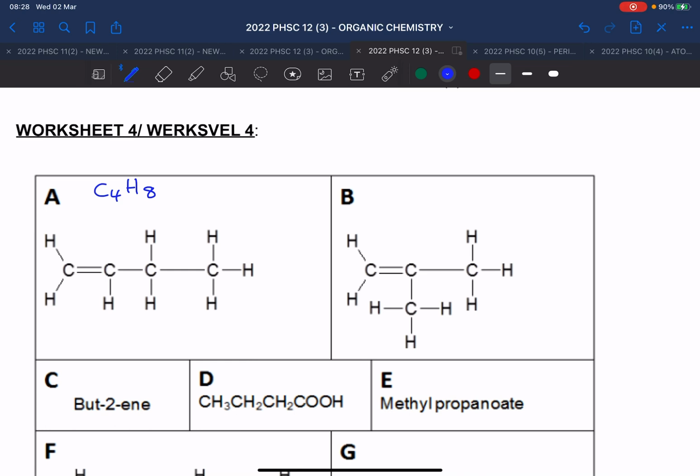No, not the name. Just the double bond. Alkenes. It belongs to the alkenes. Ask me why. Say again? Ask me why. Why?